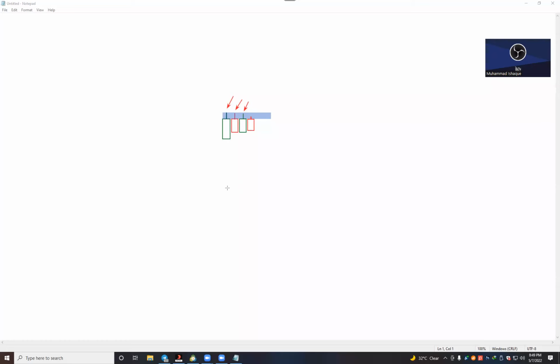If there are three wicks, then we can trade. The three wicks are a sign that sellers are active, they want to enter. Maybe in these candles you found a wick at the bottom, it does not matter.